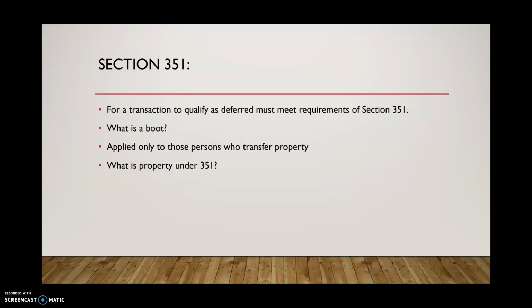Services are excluded under section 351. So if you're trying to have a mandatory deferral, it cannot have that if it's a service being exchanged. So if I have, for example, $125,000 worth of services and $300,000 worth of property I'm trying to exchange for stock, it's not going to be included in my section 351.